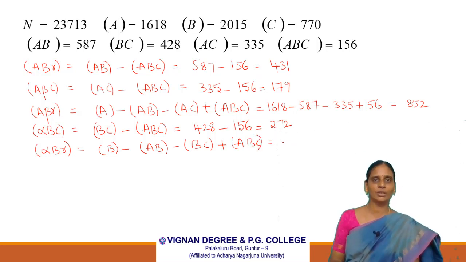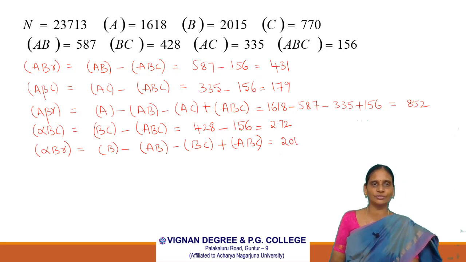So the value of frequency of B is 2015 minus frequency of AB is 587, frequency of BC is 428, frequency of ABC is 156, and this is equal to 1156.